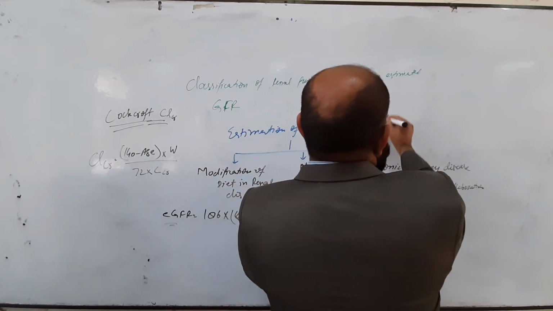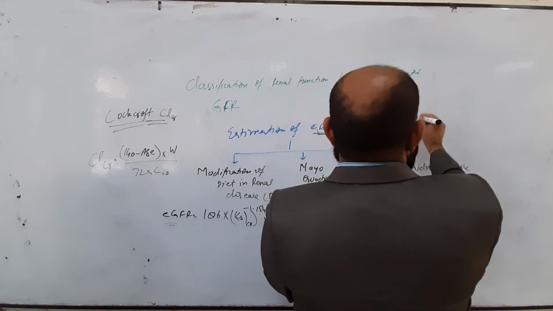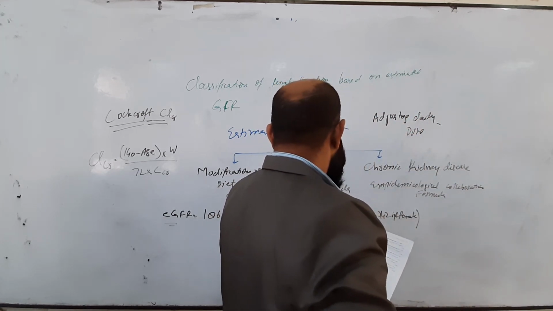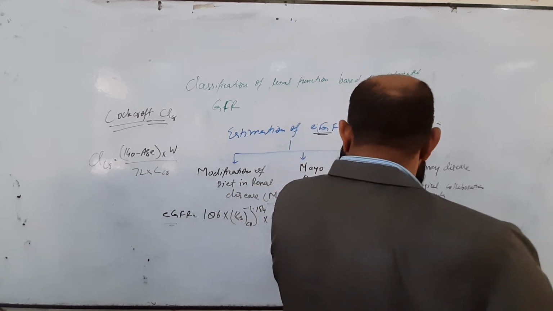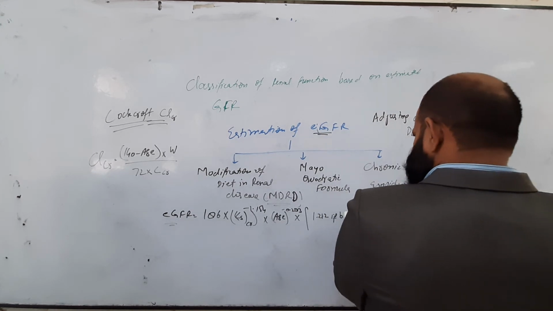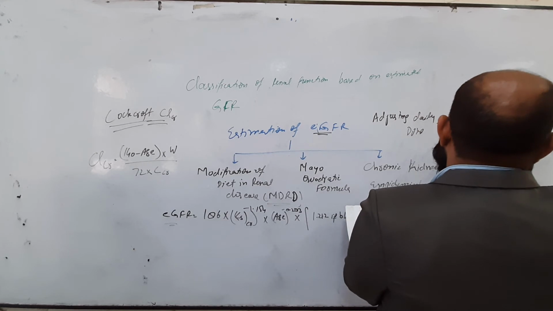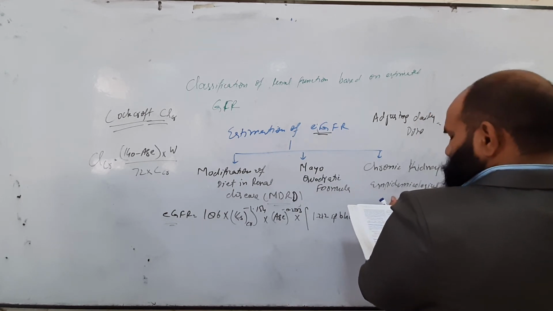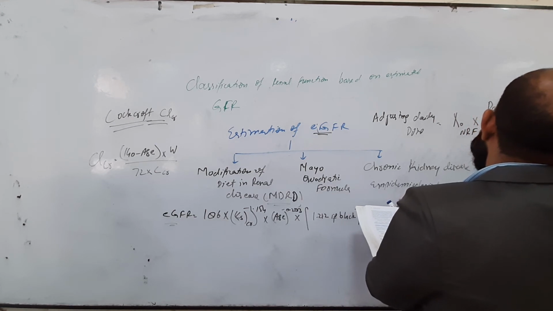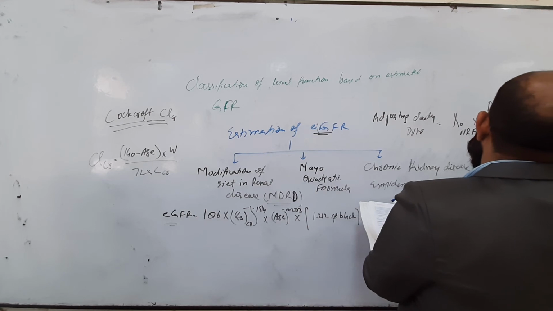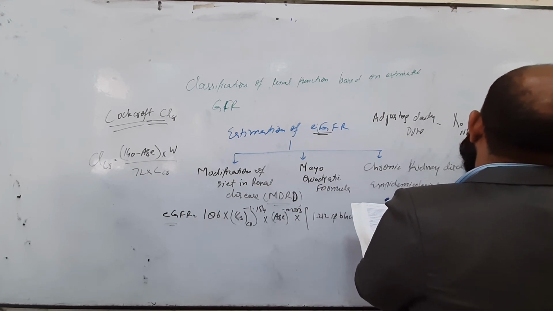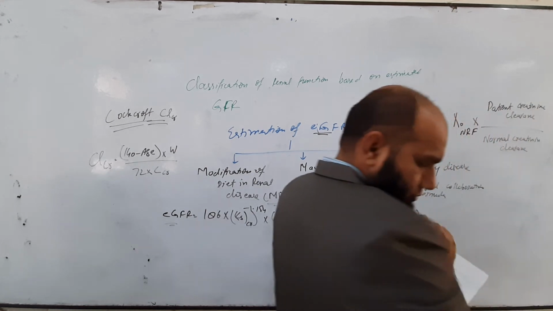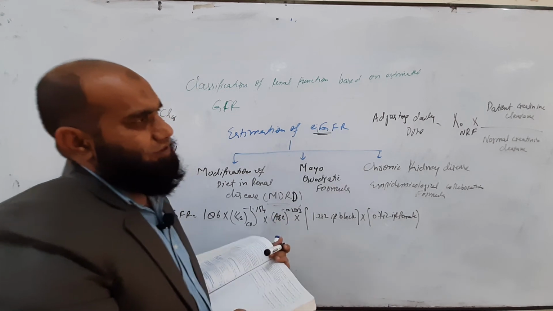So the formula is: adjusted daily dose is equal to X naught, NRF, normal renal function, multiplied by the patient's creatinine clearance divided by the normal creatinine clearance. Patient's creatinine clearance divided by the normal creatinine clearance.